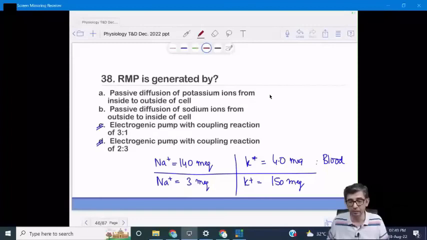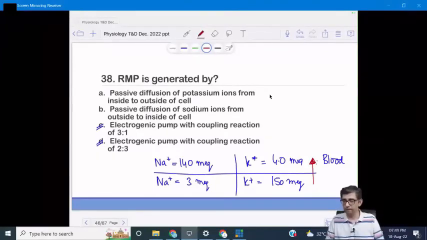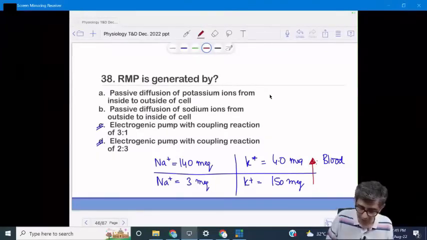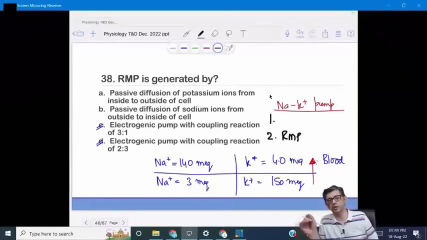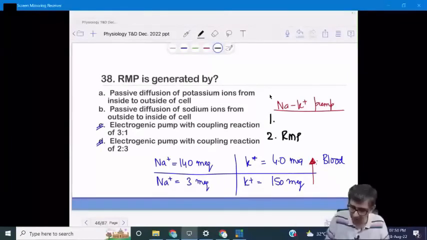And ये जो potassium का movement out होता है, this is one of the important reasons for development of resting membrane potential. जो सोडियम पोटेशियम पंप होता है, सोडियम पोटेशियम पंप जो है वो इसका आंसर क्यों नहीं है, is because सोडियम पोटेशियम पंप के दो मेन फंक्शंस होते हैं. One of them is obviously RMP. I mean, I'm not saying that sodium potassium pump does not play a role in RMP. It does play a role in RMP. But the main function of sodium potassium pump is mainly osmotic equilibrium.